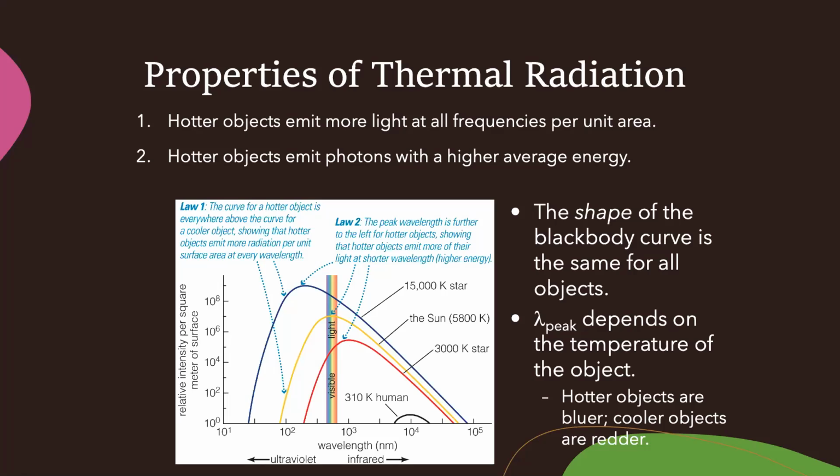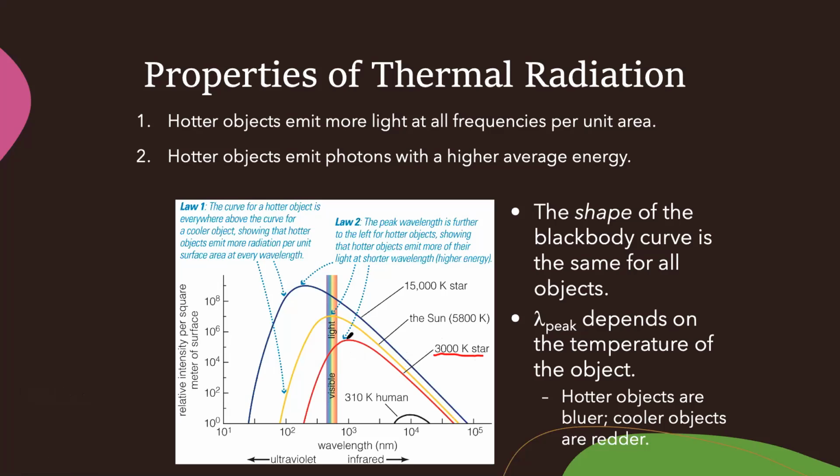What I want you to take a look at here, I'm going to draw on this image with my pen. I'm going to do this for the red curve. Notice how the red curve has a line pointing to it that says 3000 Kelvin star. So this is the curve for a star that has a surface temperature of 3000 Kelvin.